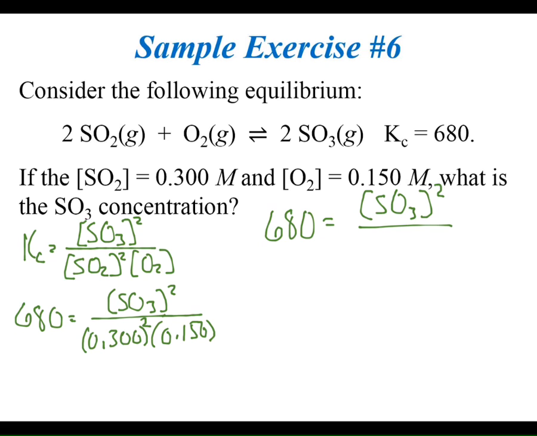So that bottom part gave me 0.0135. So then I multiply both sides by that, right? So I get SO3 squared equals 680 times that, 9.18.